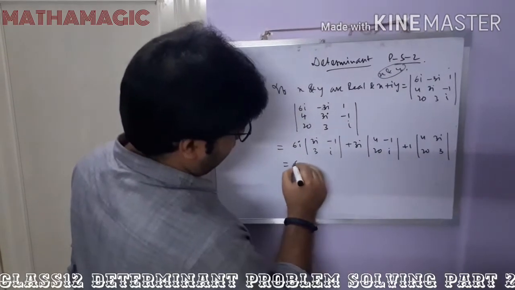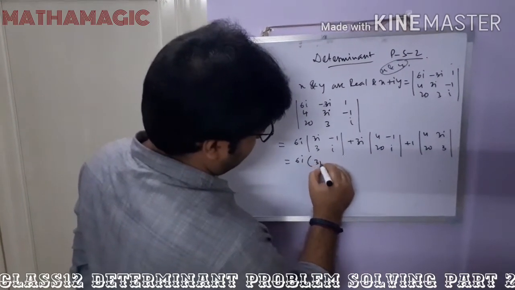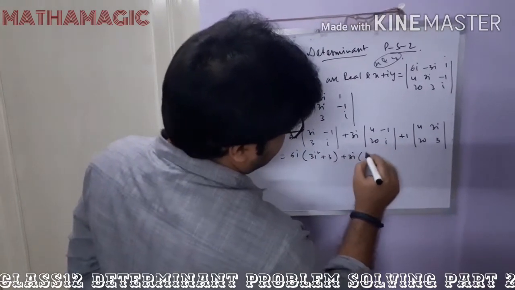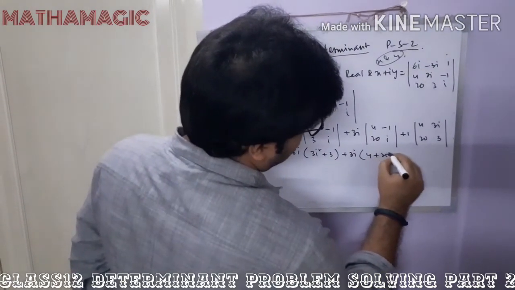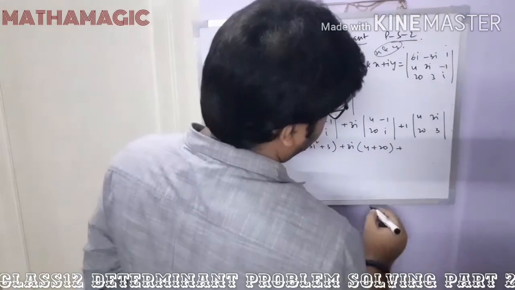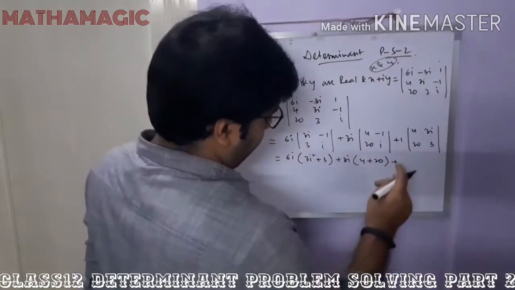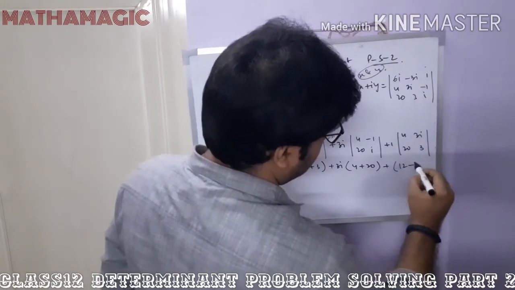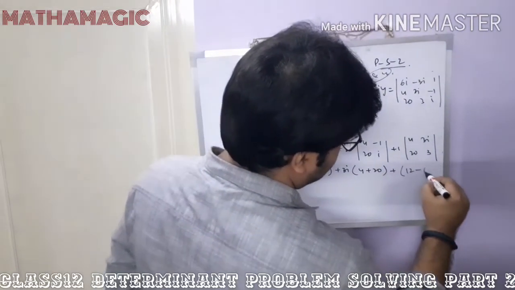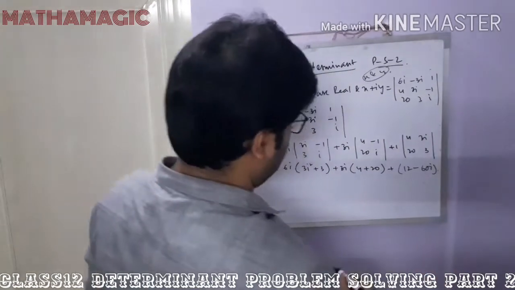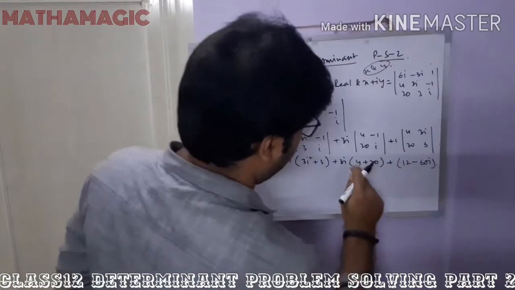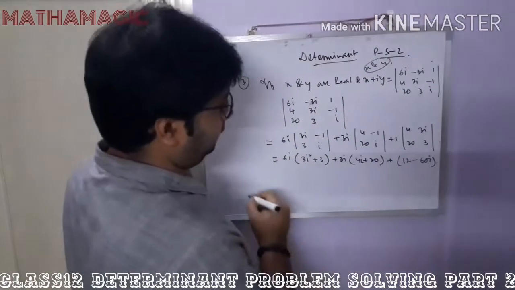Okay, now by calculation we are getting 3i square minus, minus plus 3 plus 3i into 4 plus 20. Now for this one we are getting 12 minus 60i, right? So 4i, sorry, it will be 4i.